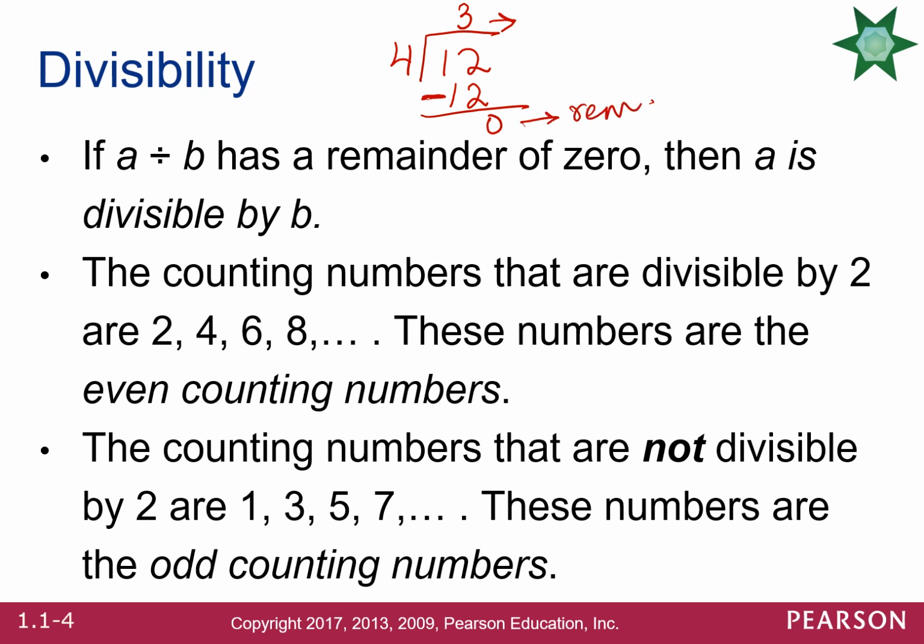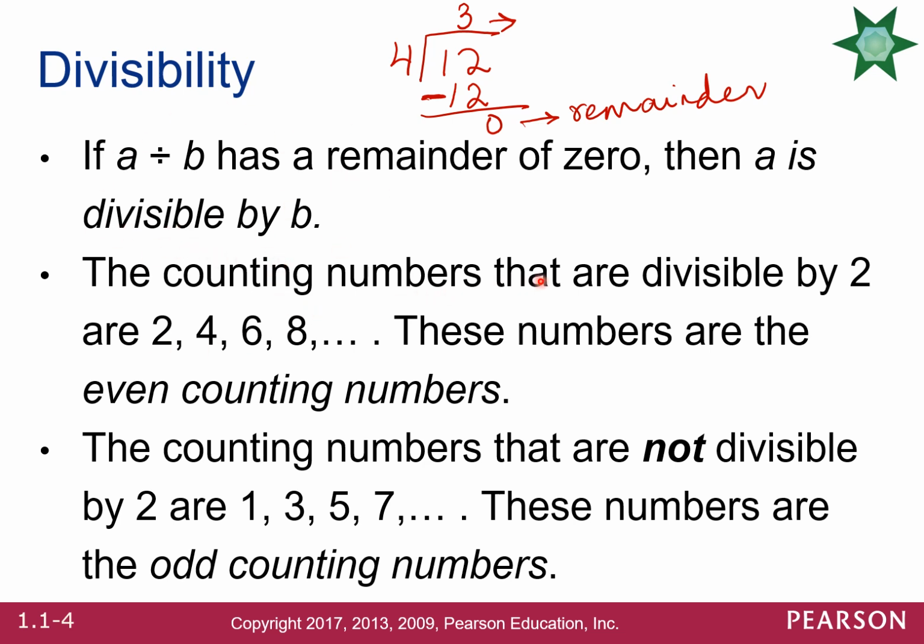Remainder is 0. And when that happens, when we get a remainder of 0 after performing a division, then we say that particular number is divisible by the number we divided by. So 12 is divisible by 4. That means 4 divides 12 completely without leaving any leftovers or remainders, right? So that's what being divisible is.